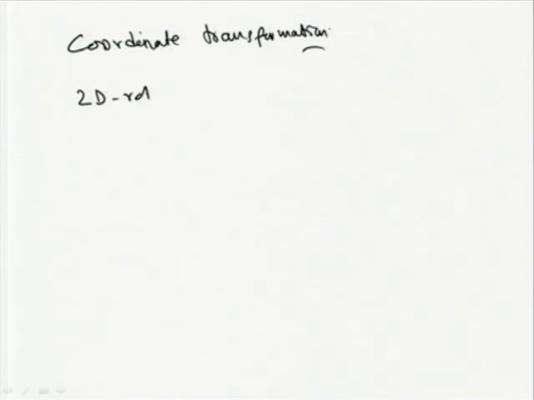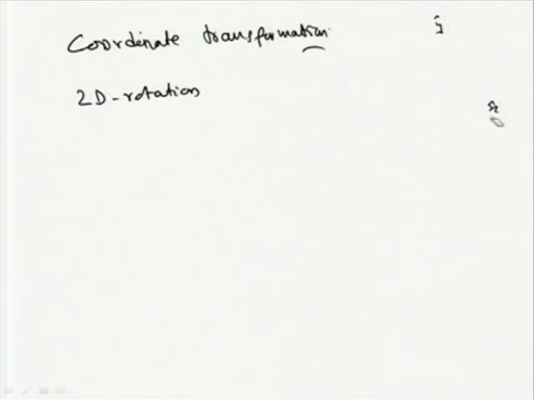Now, let us look at the transformation of these objects. Coordinate transformations. Let us consider a coordinate transformation. First, consider rotation in 2 dimension, 2D rotation. So, we will consider actually only 2 coordinates, x and y, along x cap and y cap directions. Okay.